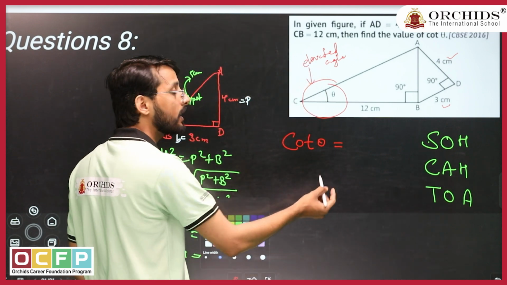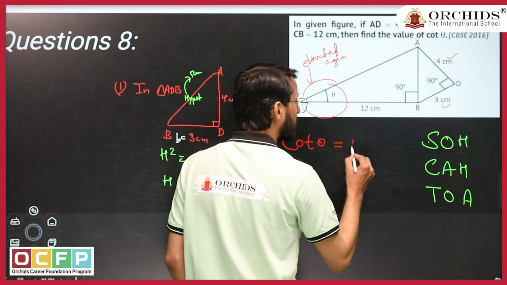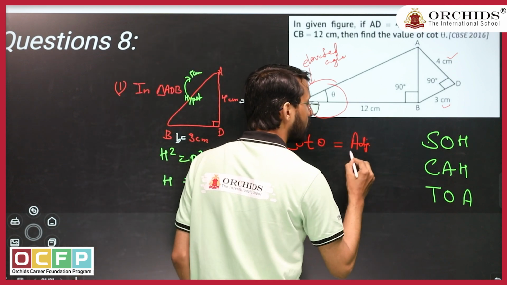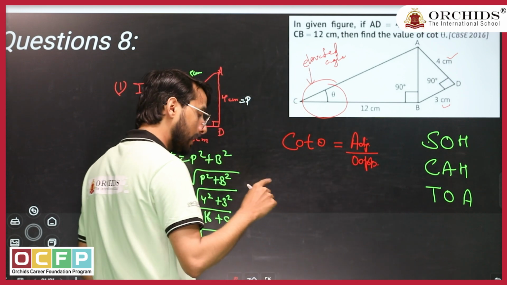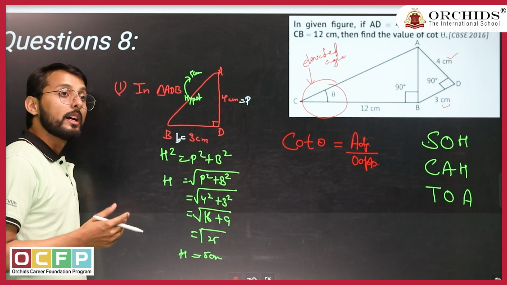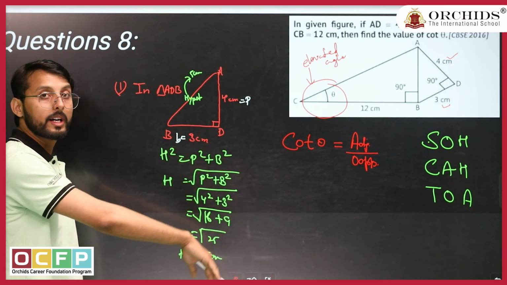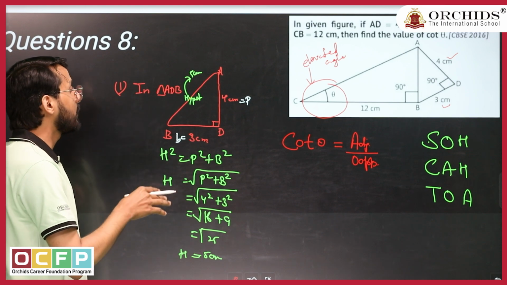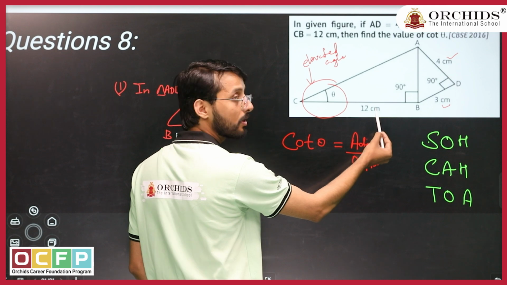And we know cot is the reciprocal of tan. It means it is nothing but adjacent by opposite. Correct? In other language also, instead of opposite, hypotenuse and adjacent, we know perpendicular, base and hypotenuse.